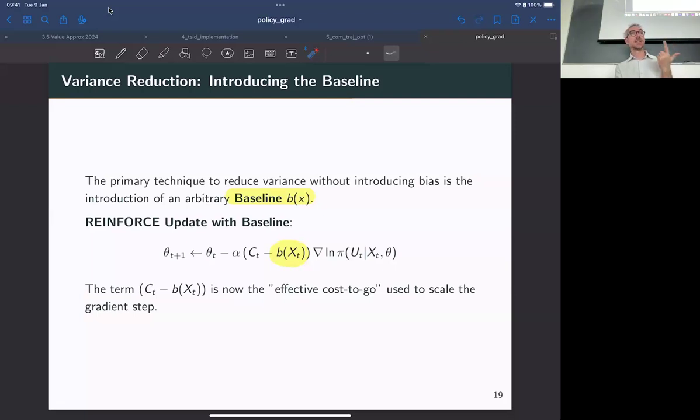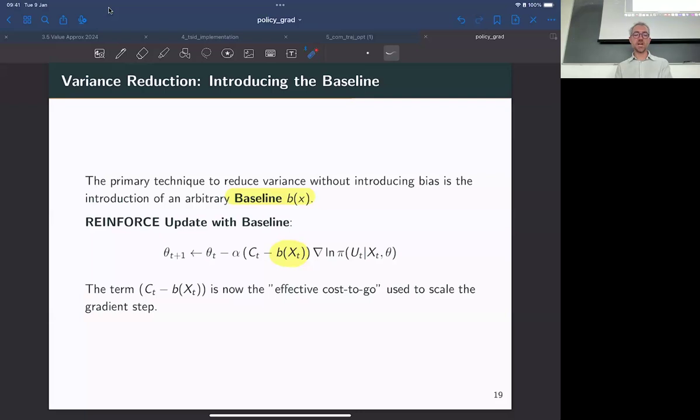Second, we need to figure out how I choose this baseline so that I get a reduction of the variance. Because even that is not obvious to me. I mean, it wasn't before I studied this topic, of course. But I think that for you now, it's not obvious how you choose B so that you reduce the variance.